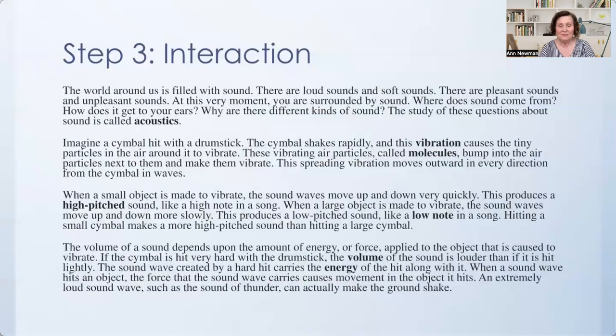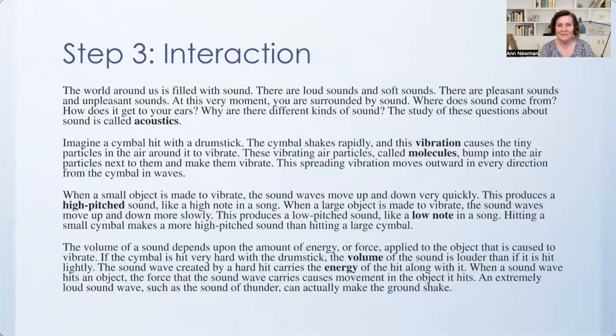Okay, when a large object, and it gave an example, didn't it? When a large object is made to vibrate, the sound waves move up and down more slowly. Okay, at first they were moving up and down quickly. Now it's slowly. This produces a low-pitched sound like a low note in a song.